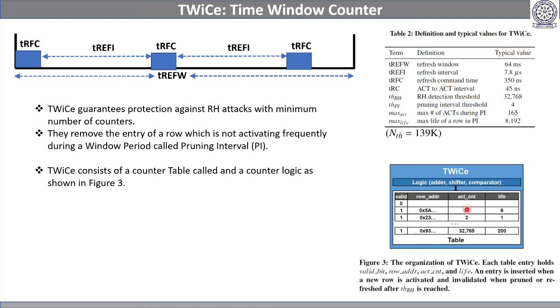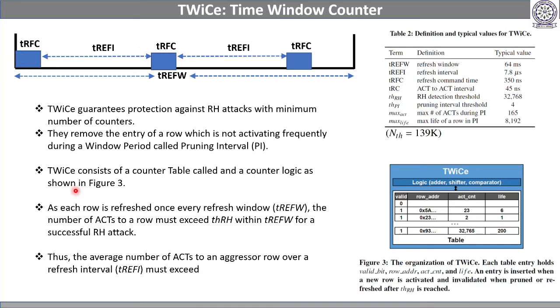I hope all these columns and elements are clear. What is valid, what is row address, very straightforward. ACT count, activation count, this is also straightforward. Life, I already explained: if the life value is 6, that means this entry has been in this table for the last 6 PI intervals. And in this paper they consider the PI interval the same as the refresh interval.